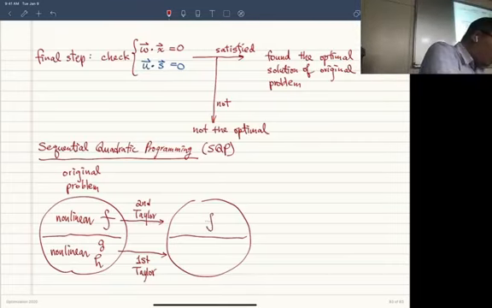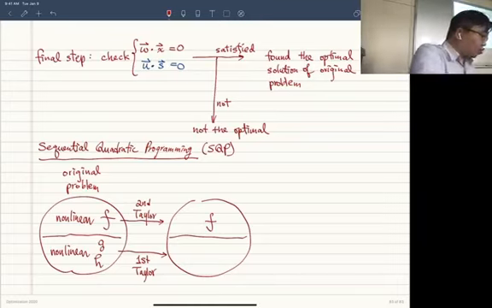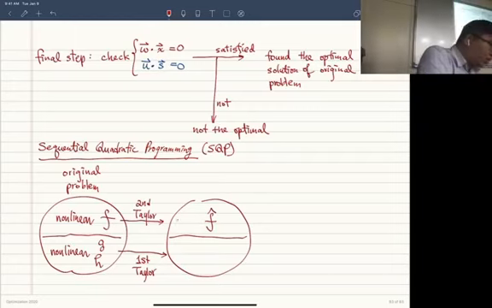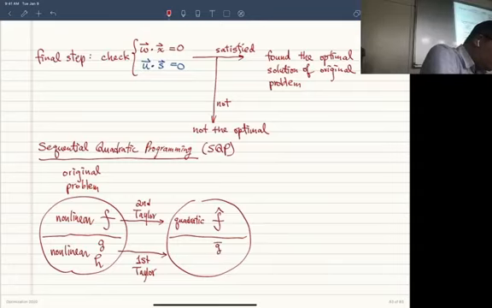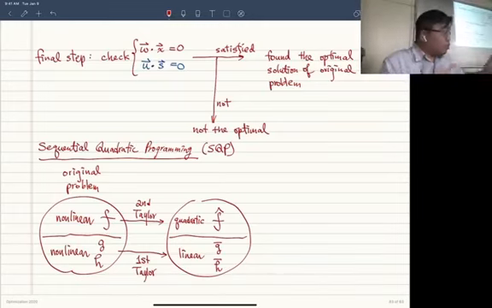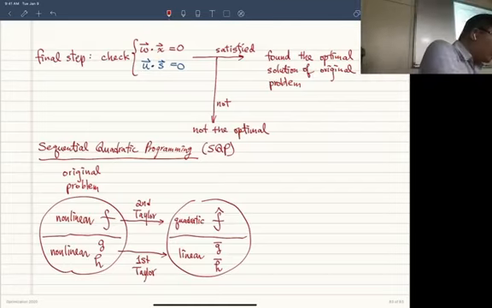So our f is quadratic, so let me just put f hat to represent quadratic. And you have g bar and h bar representing linear. So you basically have approximations of your original problem. So this is like a QP formulation.